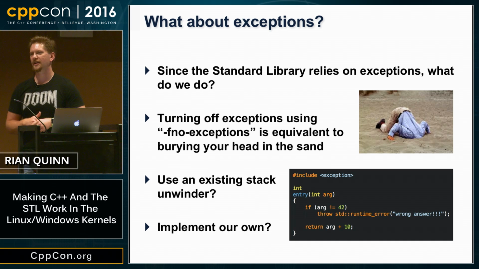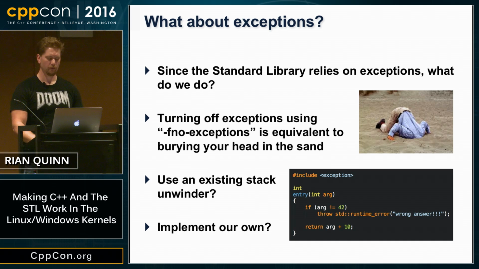It'll call standard terminate and bad things happen. So you're really just putting your head in the sand. If you use this flag, you better know that there's certain things in the STL that are not going to go well for you. Since we're running a hypervisor, I really didn't want that situation, so I said, well, why don't we try and get exception support to work? We've already got C++ in the kernel, why not add exceptions?